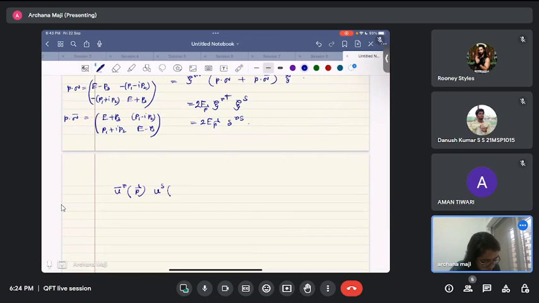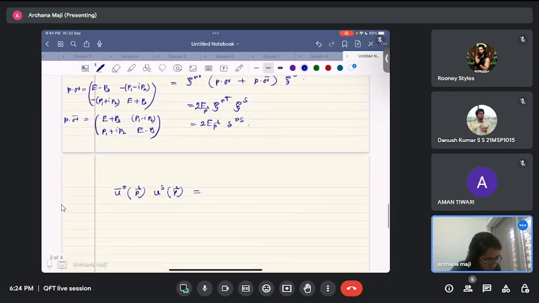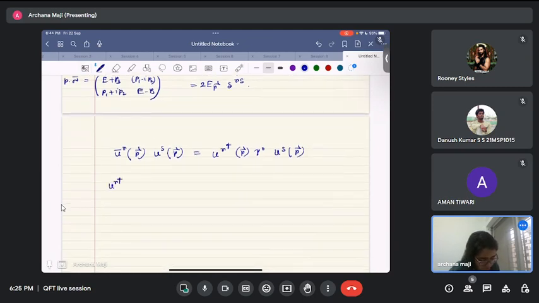So U bar U, if we evaluate, U bar is U dagger gamma 0. This is U. What is U dagger gamma 0? It is xi r dagger square root of p dot sigma, square root of p dot sigma bar.